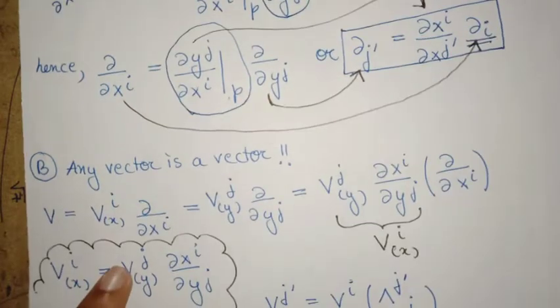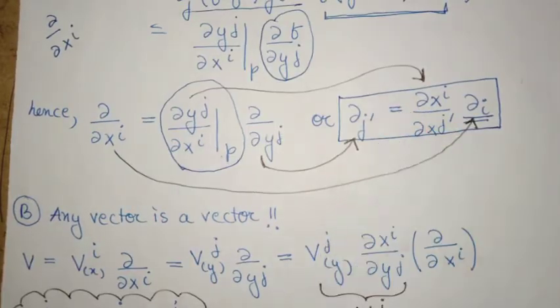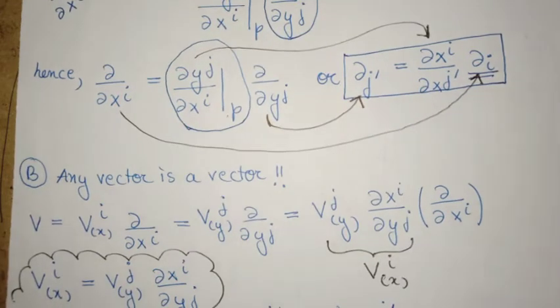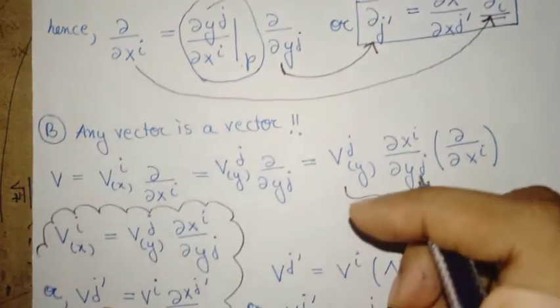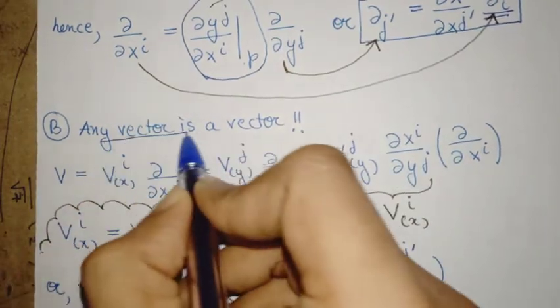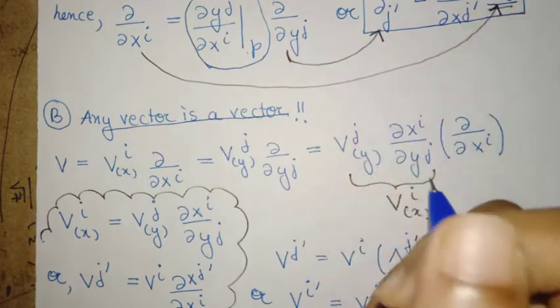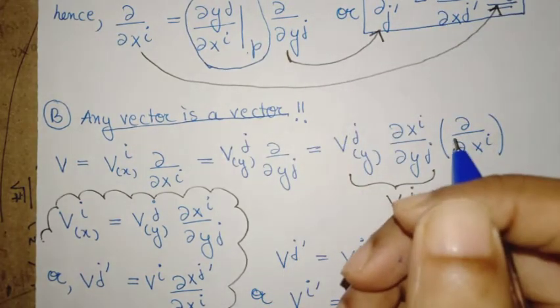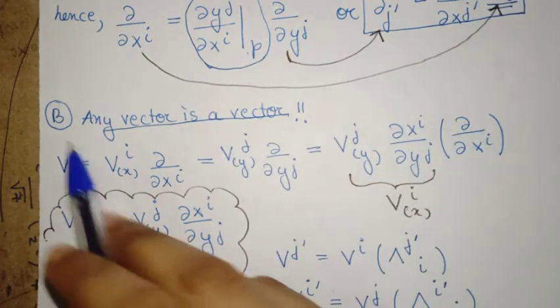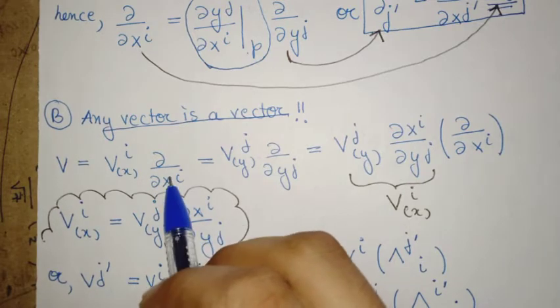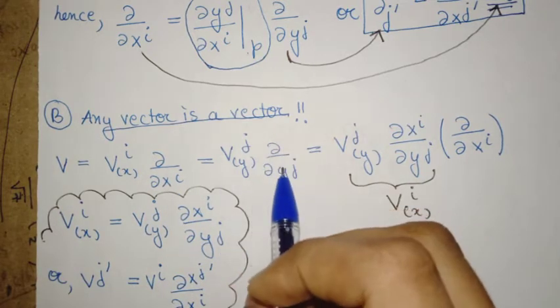Now given that, we must always understand the fact that any vector is a vector. What it means is that a vector does not care about which basis you choose. So a vector can be written in the xi basis or the yj basis, you see.